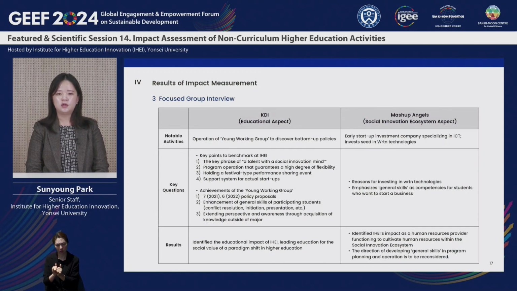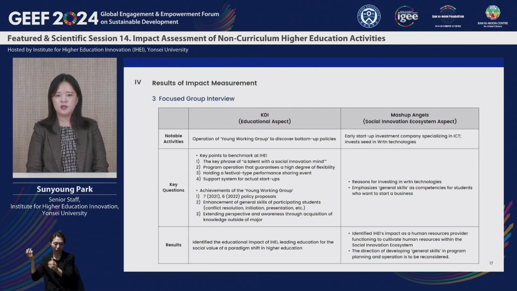Additionally, to assess the impact from the perspective of the social innovation ecosystem, we interviewed the founder of Mashup Angels, an early-stage startup investment firm. The reason for interviewing Mashup Angels was because it had made a seed investment in Wharton Technologies, a generative AI platform startup founded by students who participated in the workstation program.